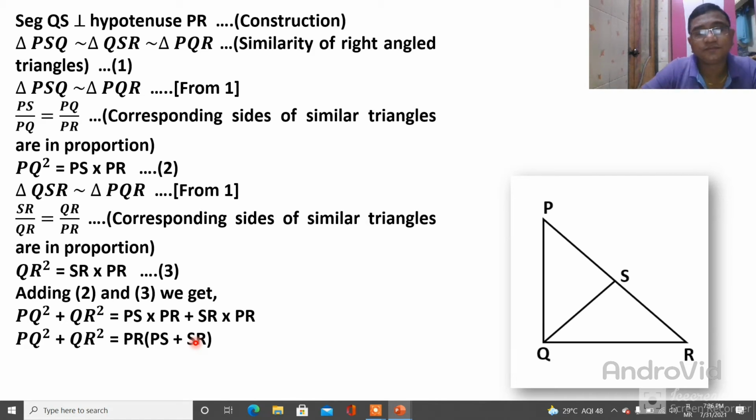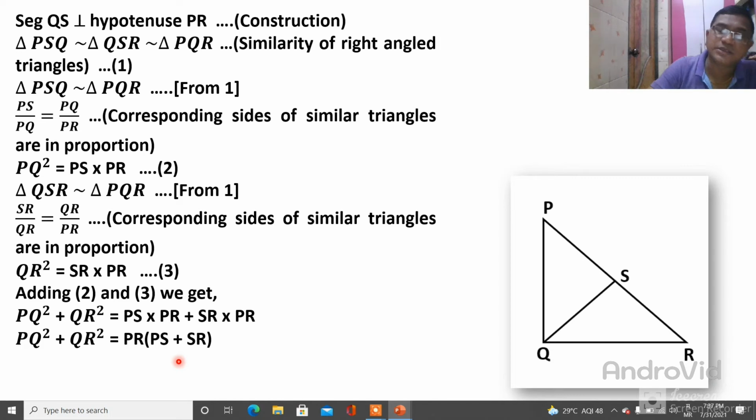PS into PR is from equation 2, SR into PR is from equation 3. PR is common, so I write PR outside the bracket. What is uncommon? PS plus SR. In the diagram, PS plus SR gives the segment PR.